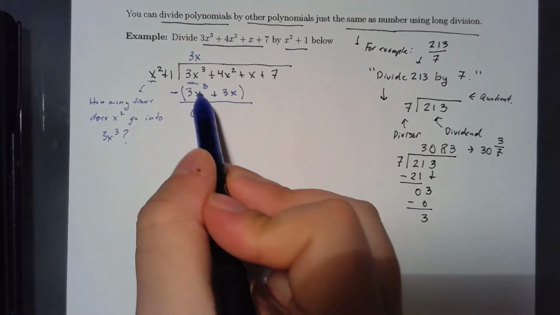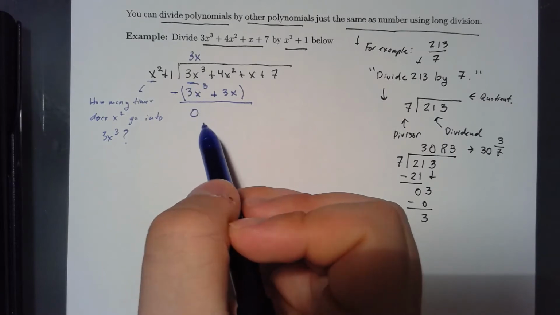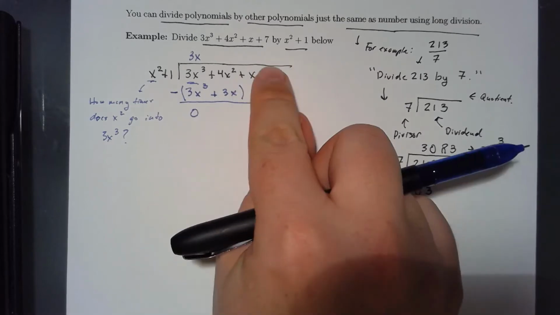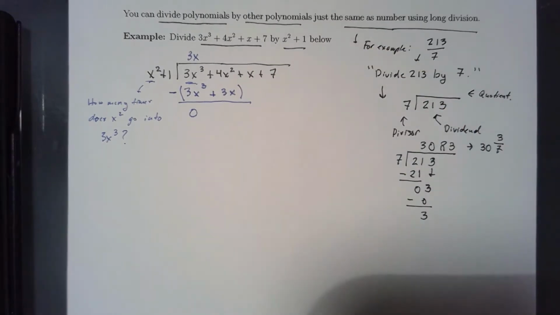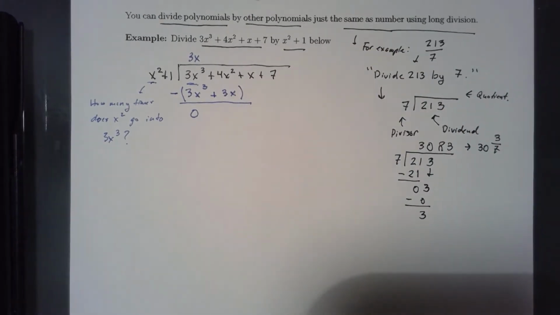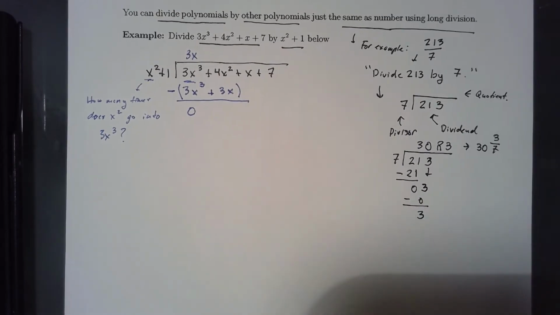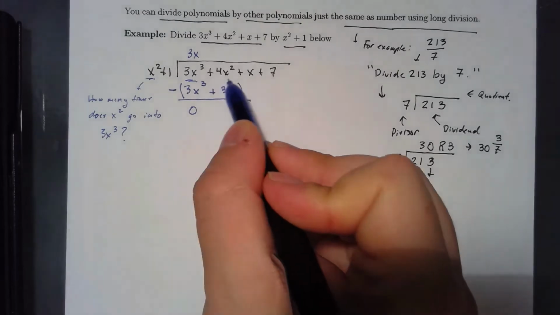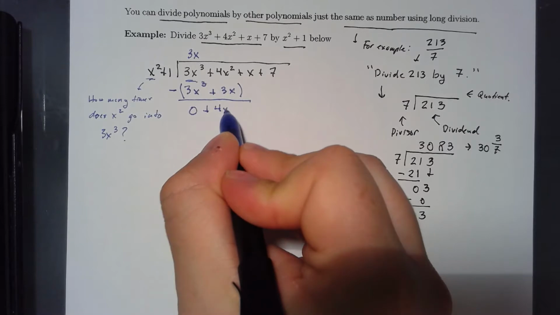That's good. If you get a 0 there from the leading terms, that means you're doing it correctly thus far. Now 4x squared minus 3x, well, you can't subtract those. So you're going to have to bring that down. You're going to have 4x squared minus 0, which is just positive 4x squared.